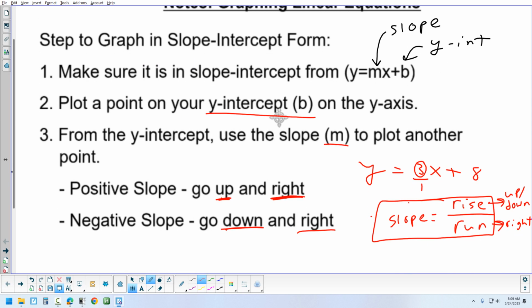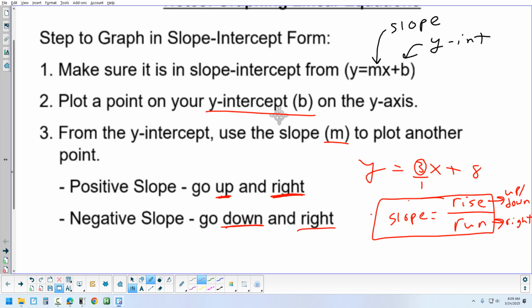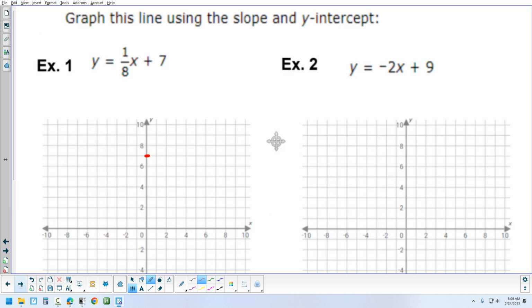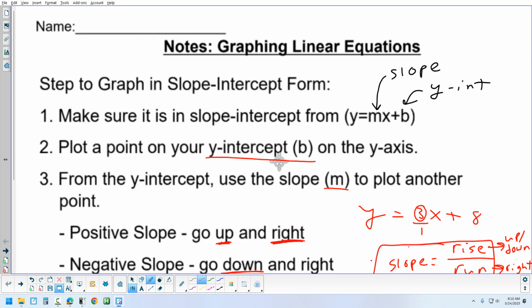Okay. Next step. From the y-intercept. Okay. So since we're doing the next step from this dot, if you put that dot in the wrong spot, then the next step will automatically be wrong. Okay. So from the y-intercept, use the slope to plot another point. Okay, so we're going to graph one more point.